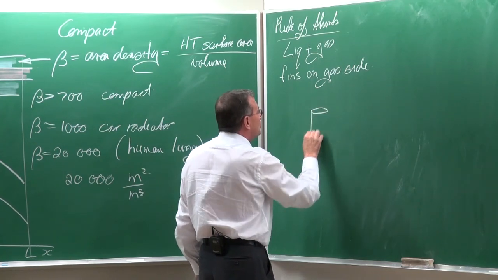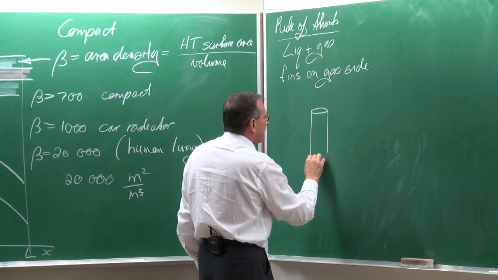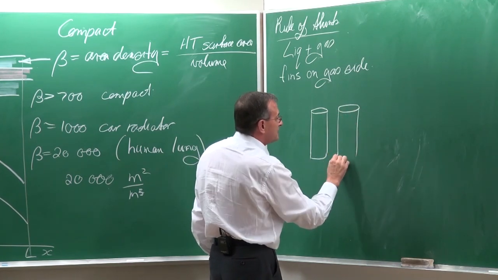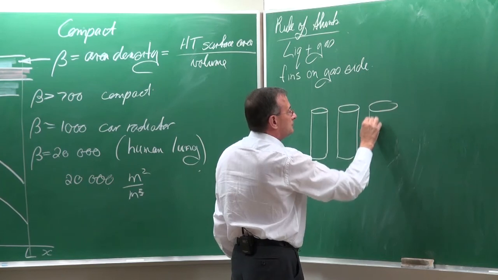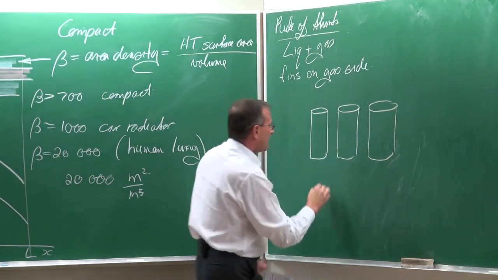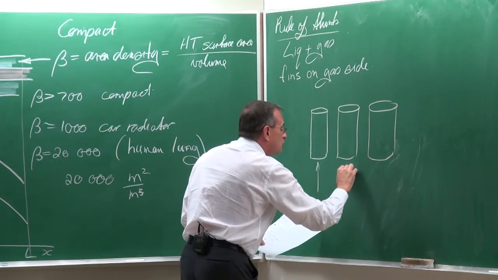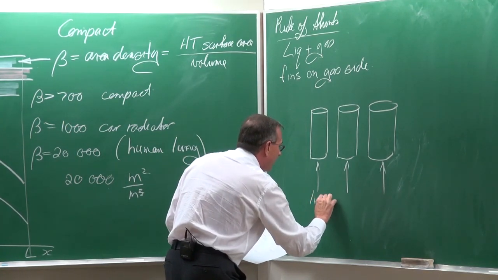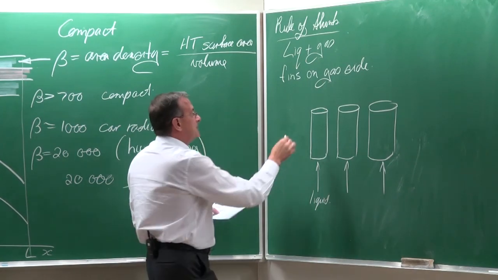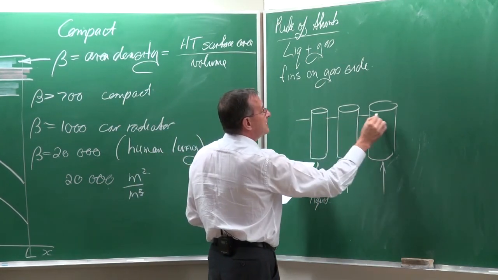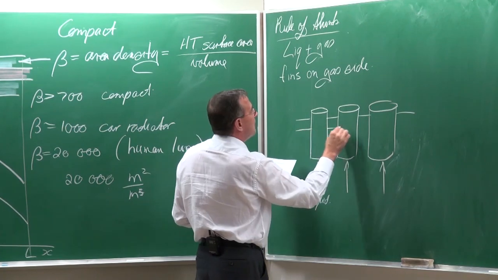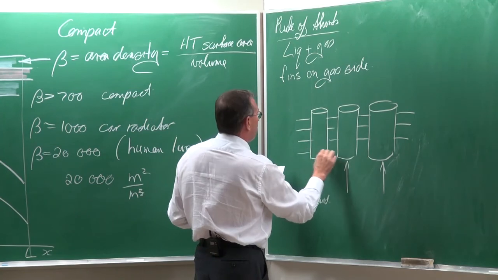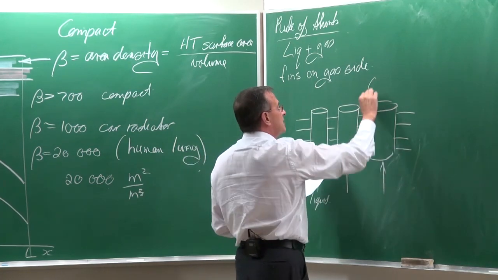Well, you can just go and look at the condensers and evaporators of air conditioners. They've got all these tubes like this. Through them, the liquid will flow, either condensing or evaporating. And then typically there will be fins which are connected to all these tubes, typically in that direction. So there are the fins.